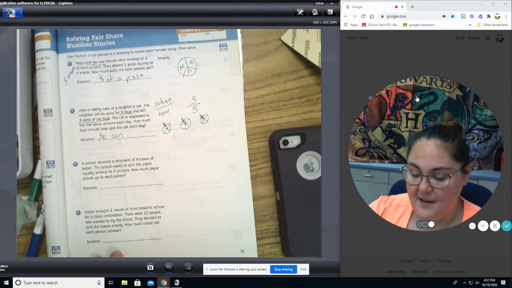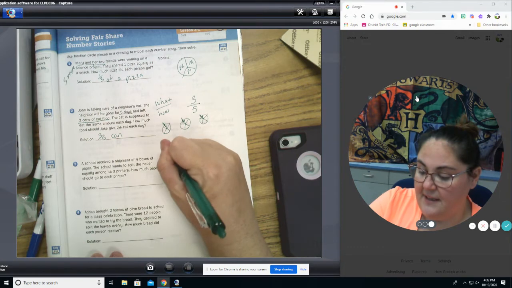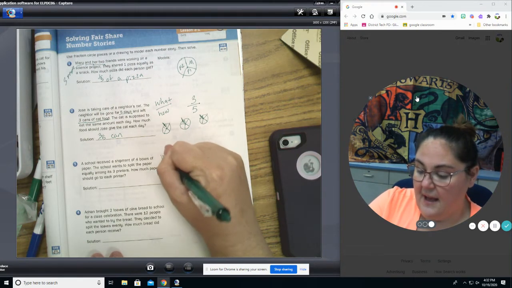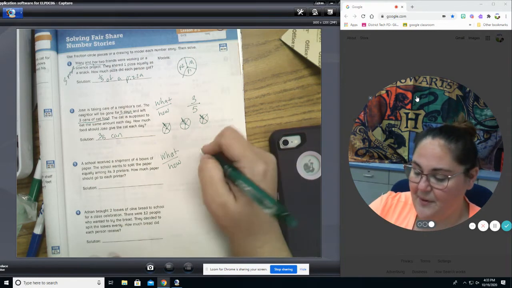Awesome. Number 3, a school received a shipment of 4 boxes of paper. The school was to split the paper equally among its 3 printers. So what am I dividing? How am I dividing it? What am I separating? Am I separating the paper or the printers? I'm separating my paper.